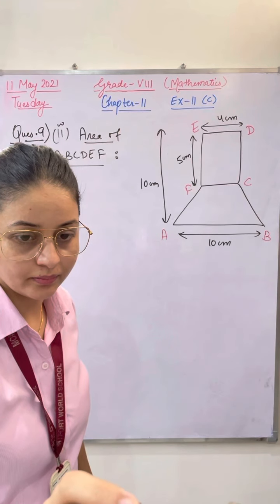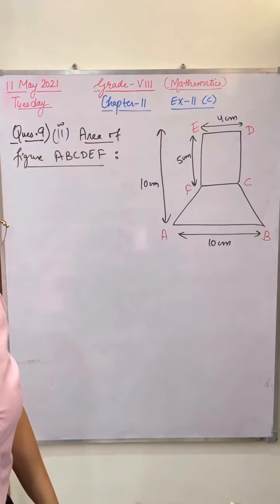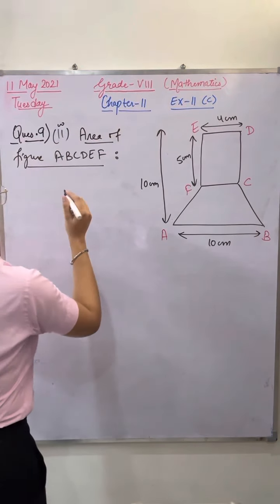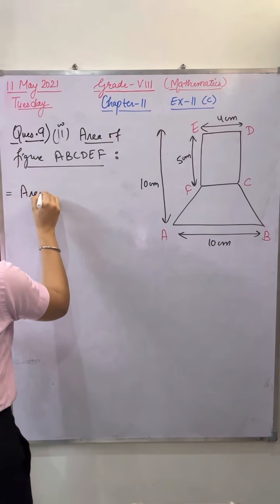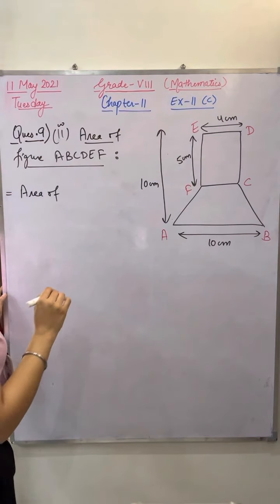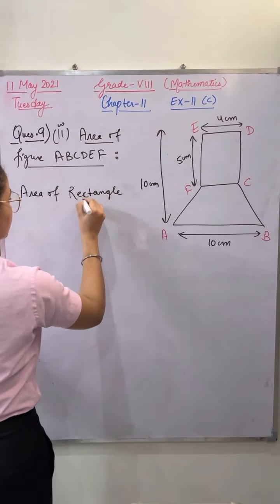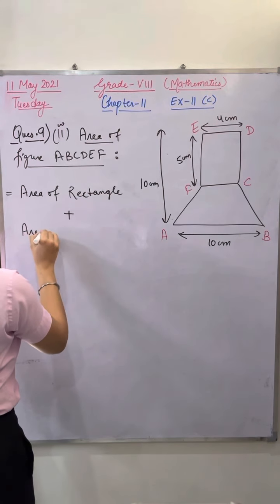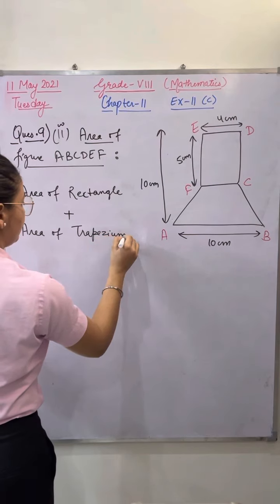Rasham, come on the mic. Good morning, ma'am. Good morning, Rasham. Okay, Rasham, please tell me. First of all, we have taken area of rectangle. Okay, next will be the area of trapezium.